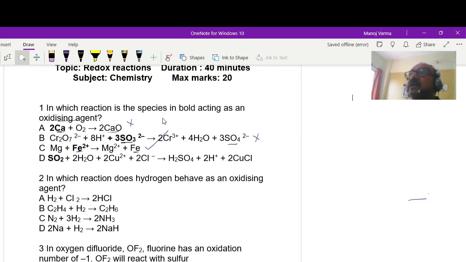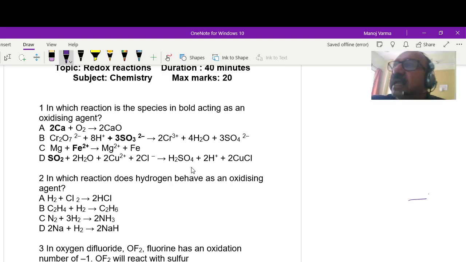If it is reduced, then only it can act as an oxidizing agent, and therefore we found the answer to be option C. Why? Because it was getting reduced and therefore it is the oxidizing agent. Hope you understood. I have explained very slowly so that you could keep pace with my explanation.